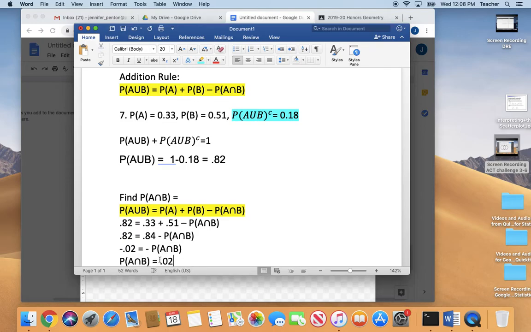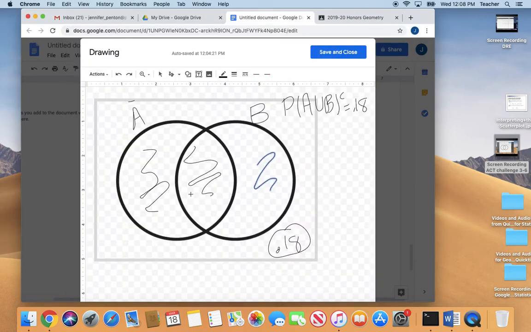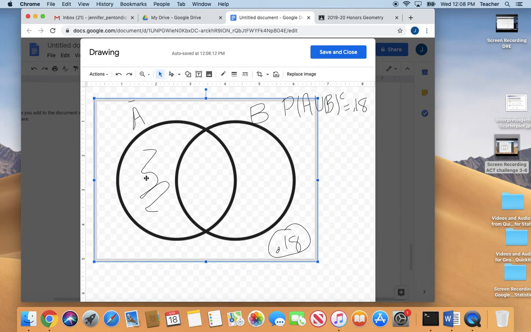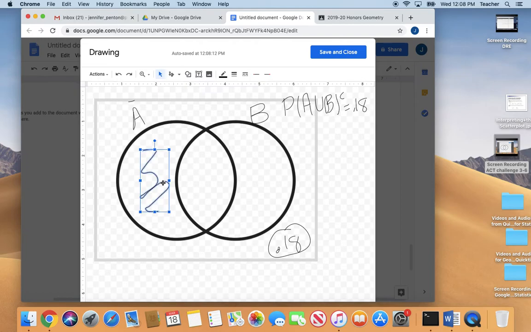So if the probability of A and B is 0.02, that means this part in the center in my Venn diagram would be 0.02.